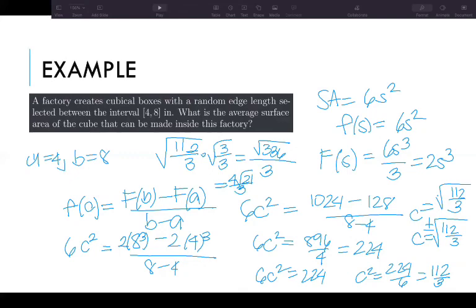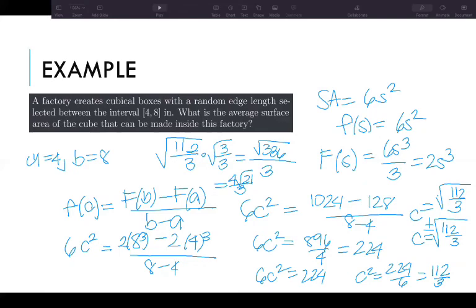But it doesn't matter since what we only need here is the value of c, which in some cases can be converted into decimals. But in our lesson, we should simplify it like this. 4 square root of 21 over 3 is the final answer.